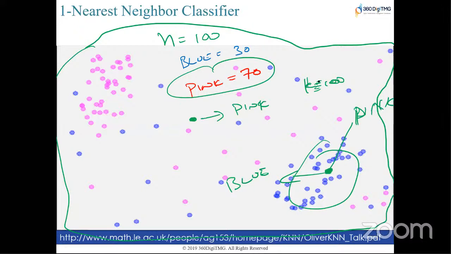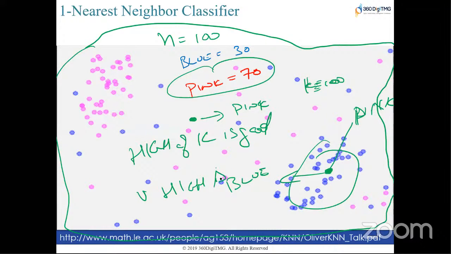The point I'm trying to make is a high value of k is good, but very high is bad.